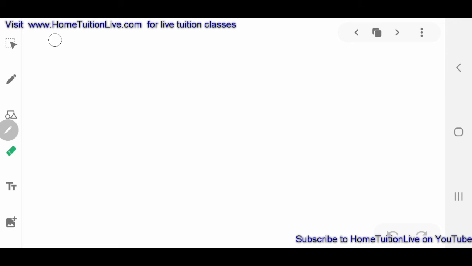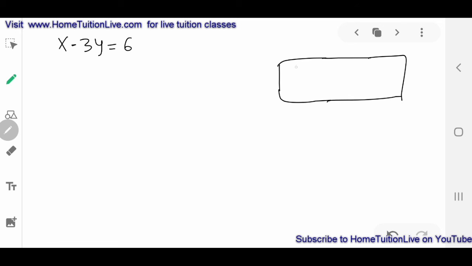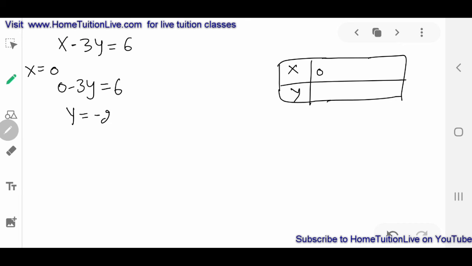Now the second equation is x minus 3y equals 6. We will put values of x and we will get the value of y. Now suppose x is 0. If x is 0, y will be minus 2.